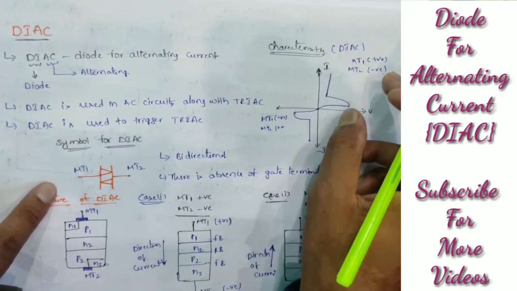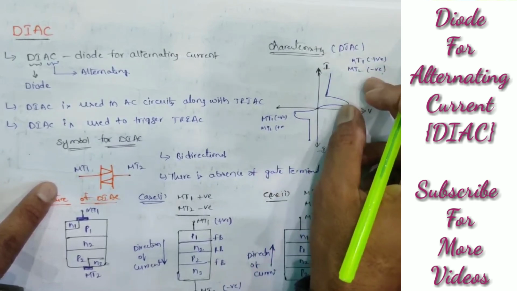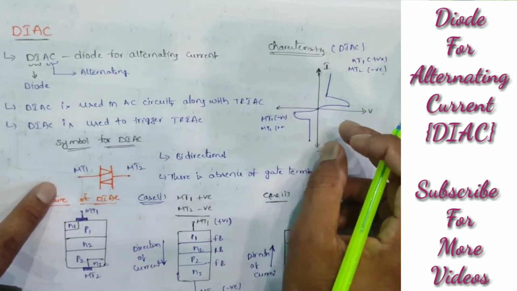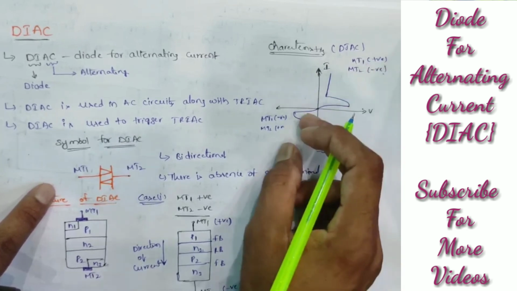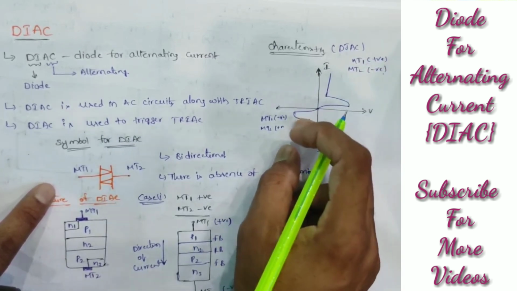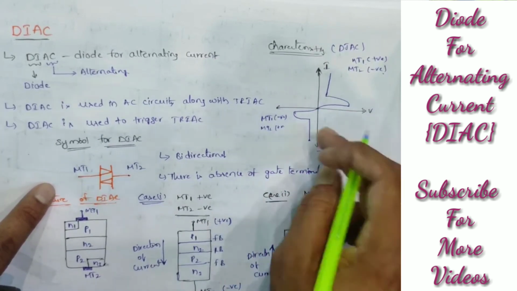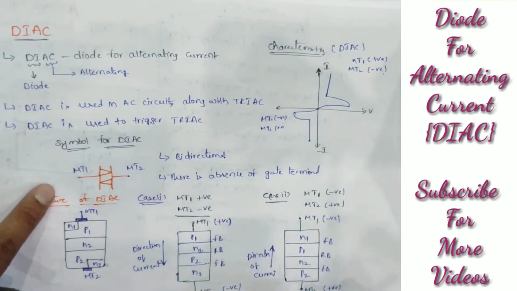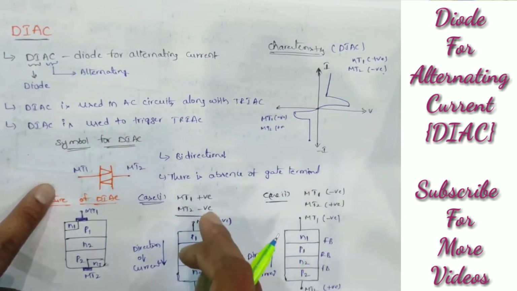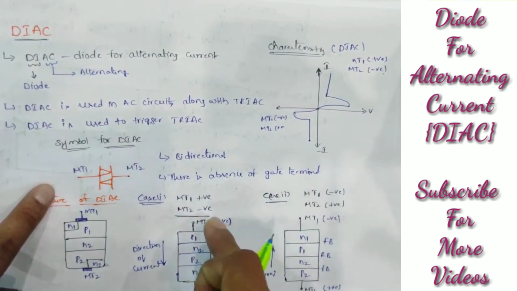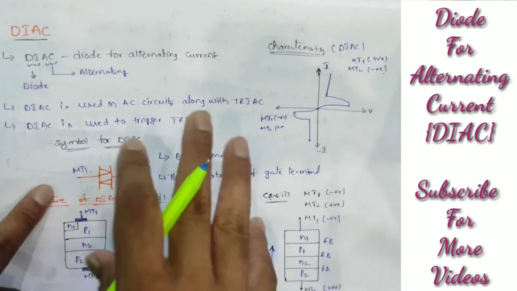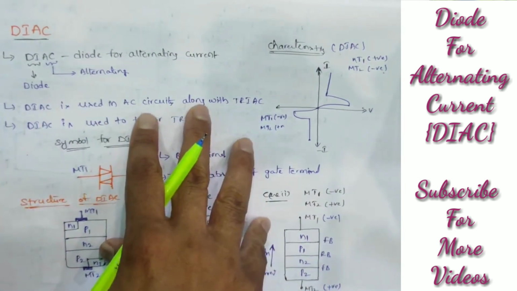In the positive direction the current is positive, whereas in the second case the current flows in reverse, that is from MT2 to MT1, whereas in case 1 the current flows from MT1 to MT2. This is the concept regarding the diac.